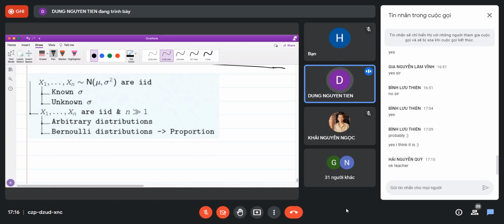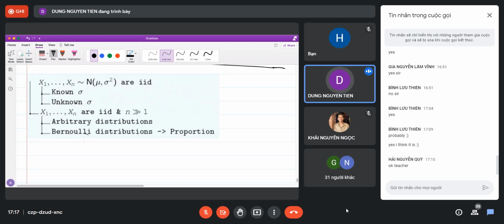The second case is that you don't know that value. The third case is that they are independent, but you don't know the distribution. Then you need an extra assumption that n is big enough to be able to use the central limit theorem. And the last one will be the Bernoulli distribution, which is a particular application of the third case. Then you can test the hypothesis related to proportion.